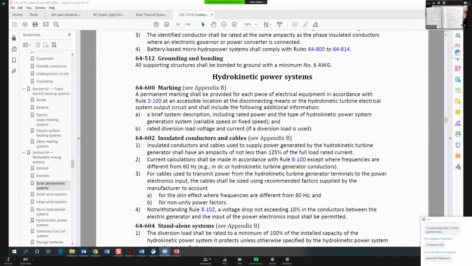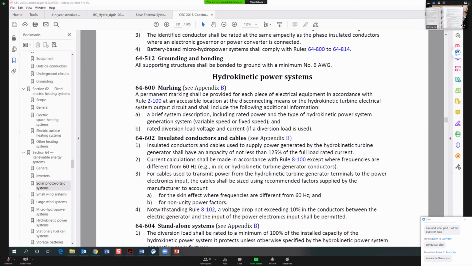A voltage drop not exceeding 10% in the conductors between the electrical generator and the input of the power electronic equipment shall be permitted. Because in a hydrokinetic system, you have this type of system installed under the water, either in the river or in the ocean, and your power electronic system will usually be located a little bit farther away.